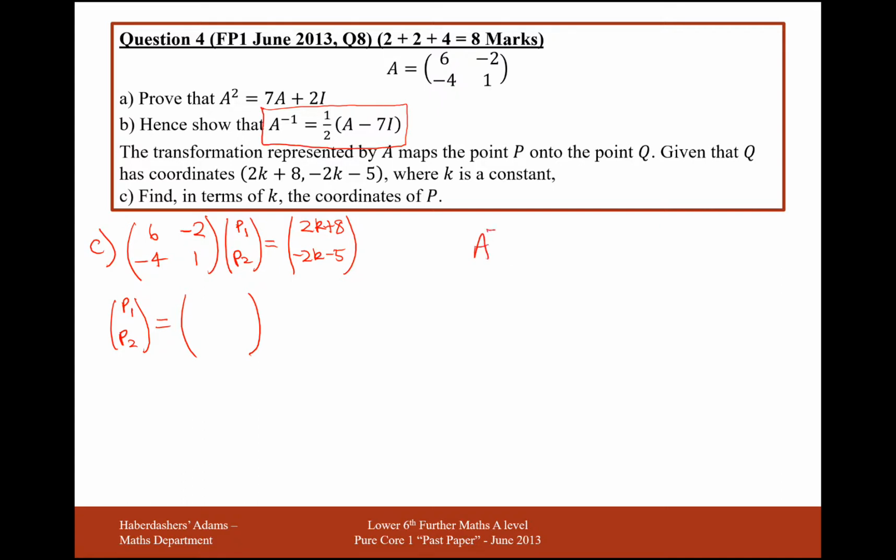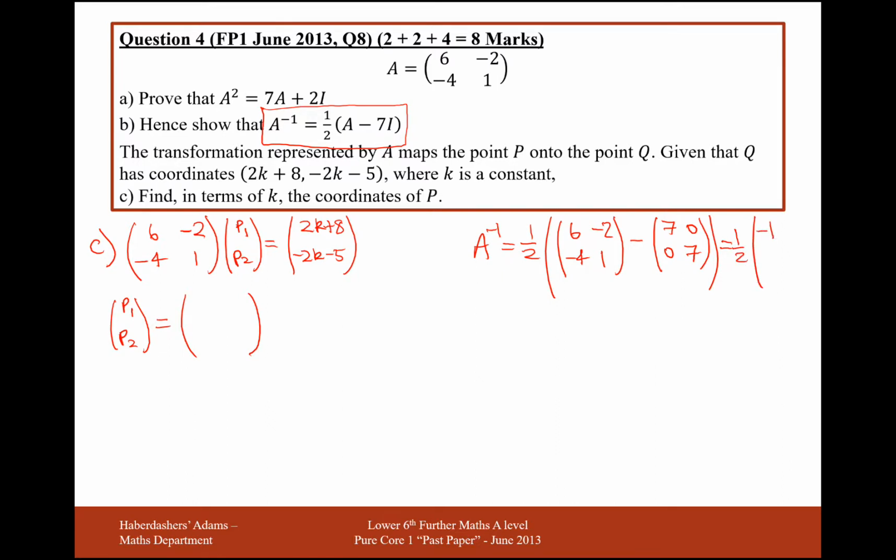So the inverse of A is going to equal a half of my matrix A, 6 minus 2 minus 4, 1, take away 7, 0, 0, 7, which isn't too bad, that's not such a long calculation.